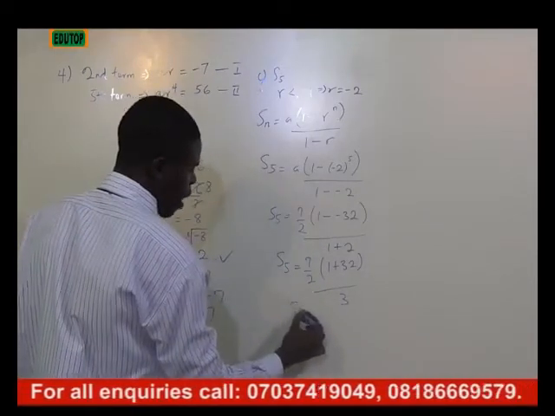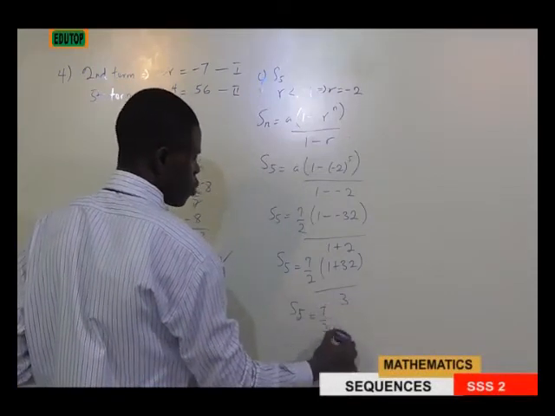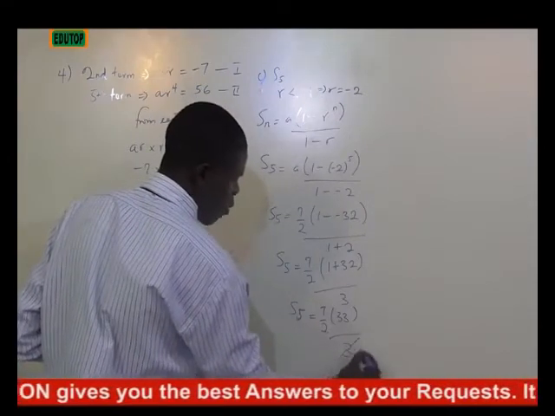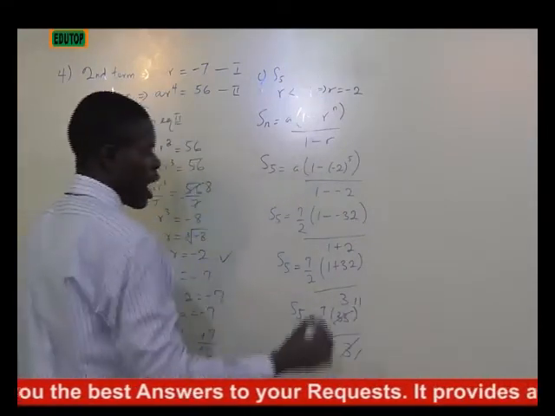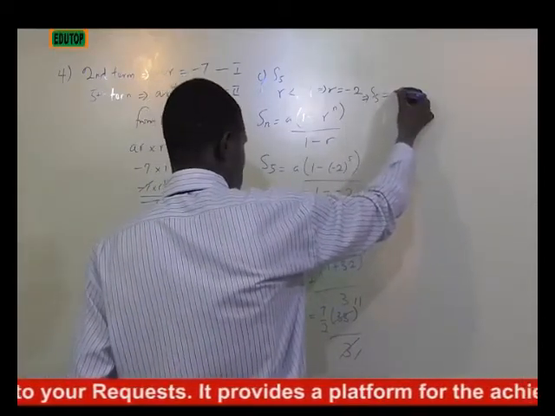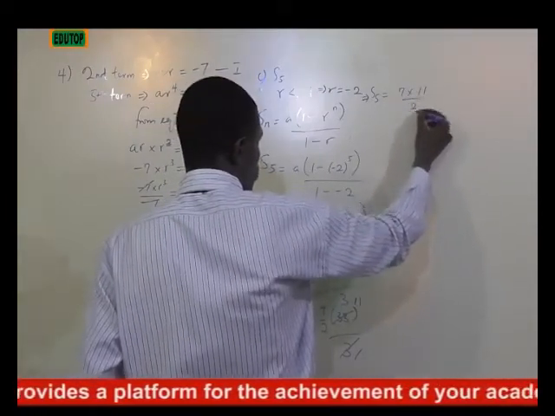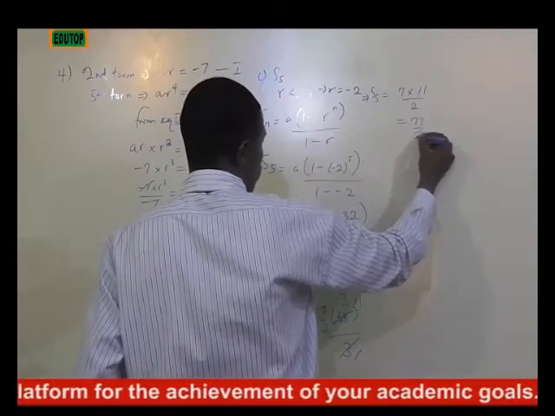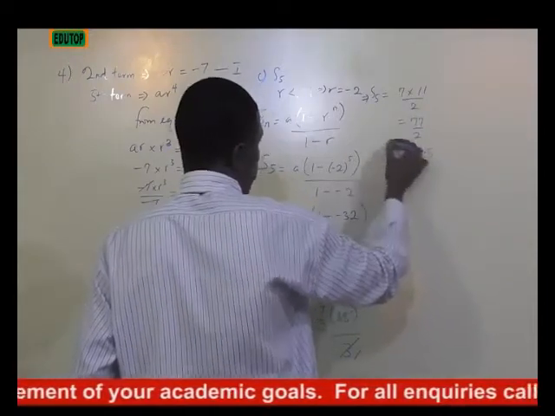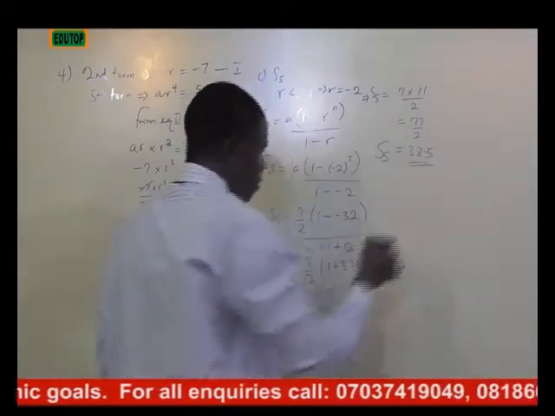So automatically S5 then gives 7 over 2, then this is 33 over 3. 3 here 1, 3 in 33 11. So we have S5 to be equal to 11 times 7 times 11 over 22, and that gives 77 over 22. And when we divide this gives 38.5. So our S5, which is the C part of that question 4, is 38.5.